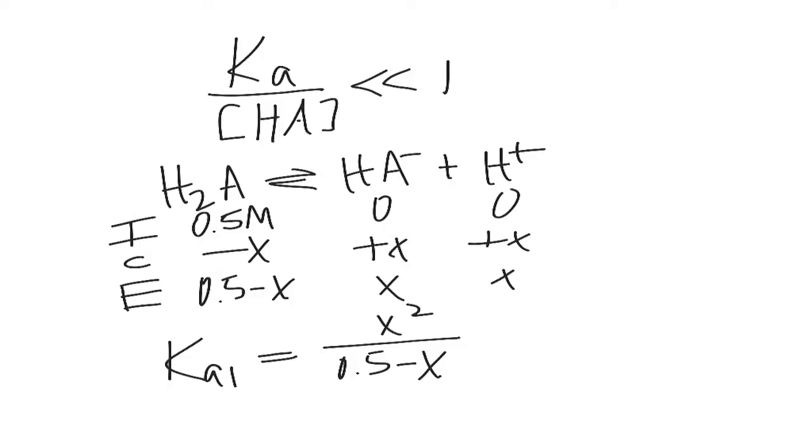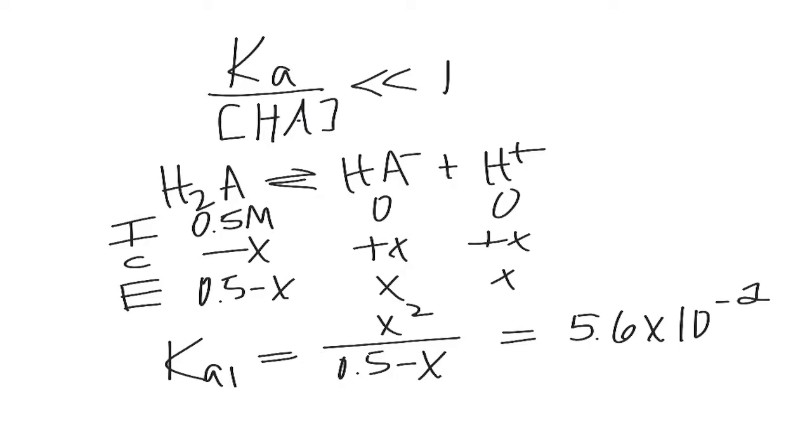If we were to use the small x approximation, we wouldn't get the correct answer here, because the Ka1 is equal to 5.6 times 10 to the minus 2. And this is too big for 0.5 molar concentration to get an accurate answer.